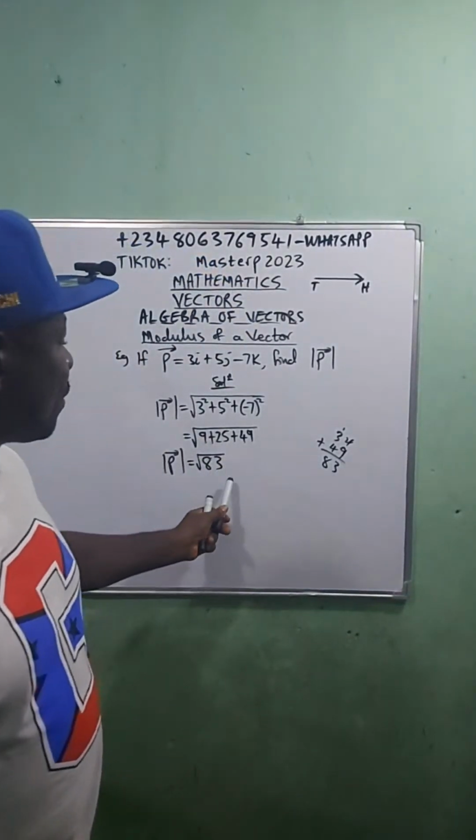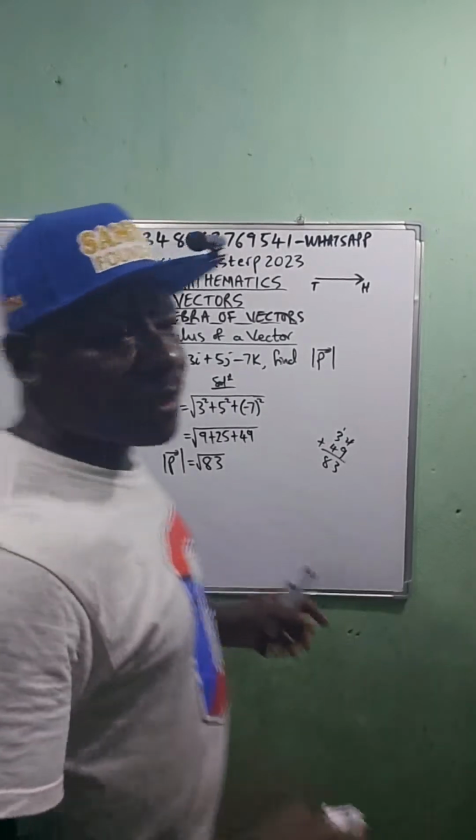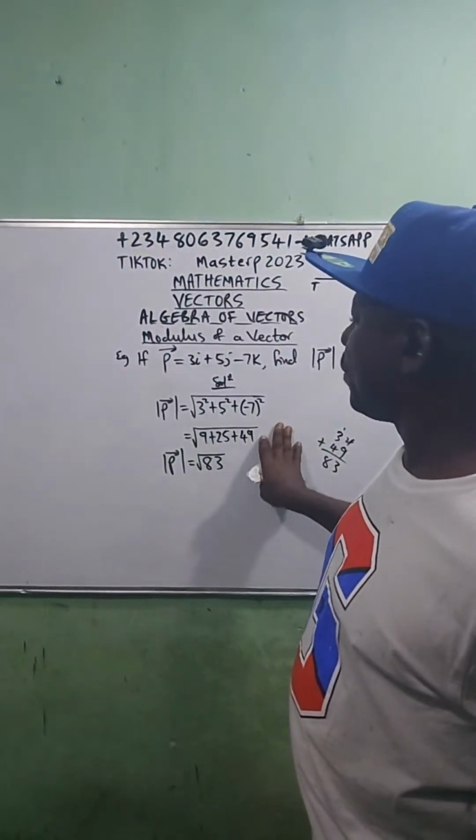So this is the modulus of that 3-dimensional vector. So we are through with the modulus of the vector.